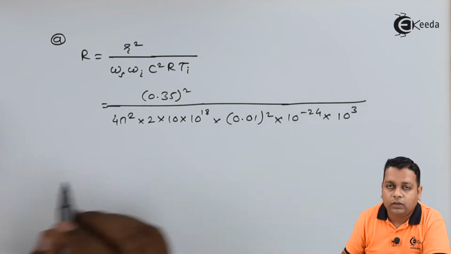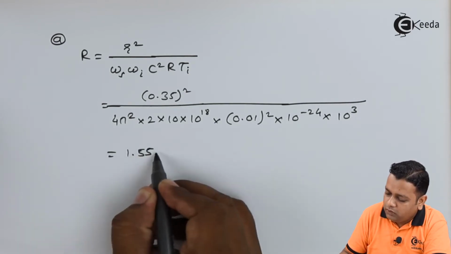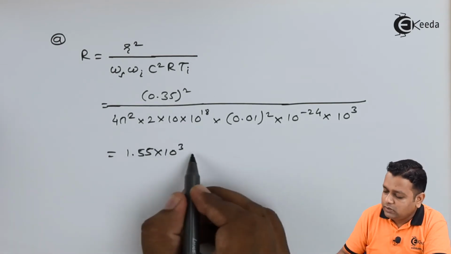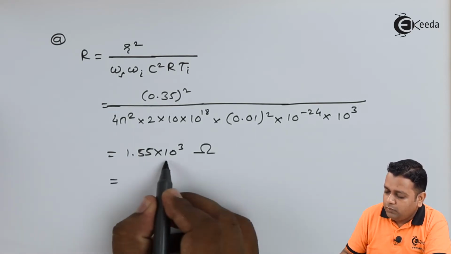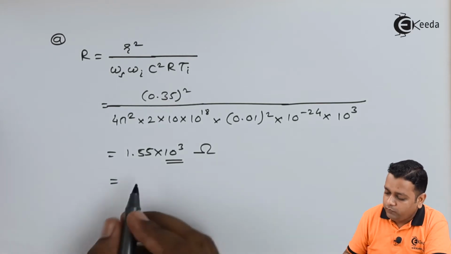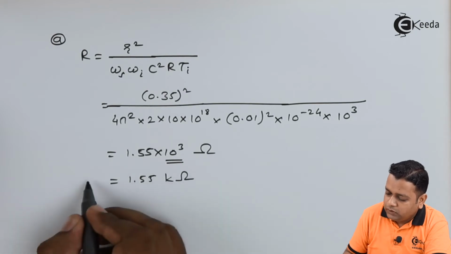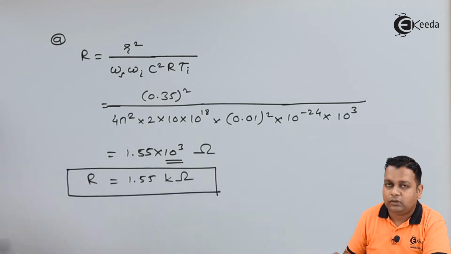Finally we obtain the answer as 1.55 into 10 raised to power 3. As this is a resistance, it should be expressed in ohms, and absorbing the multiplicand 10 raised to power 3, we get 1.55 kilo ohms. This is the required value of resistance for part A.